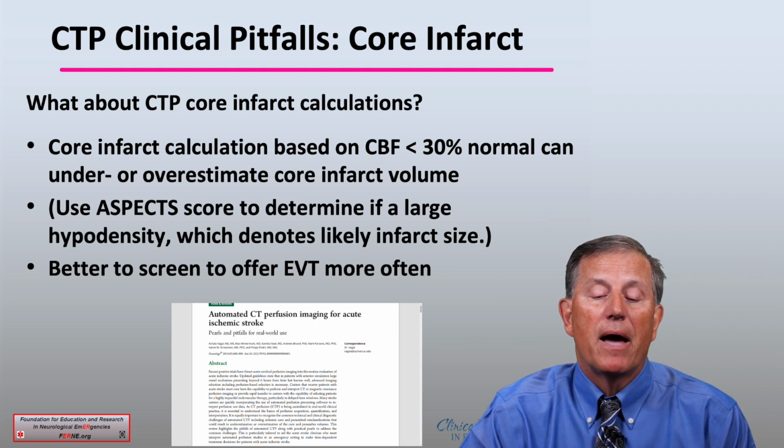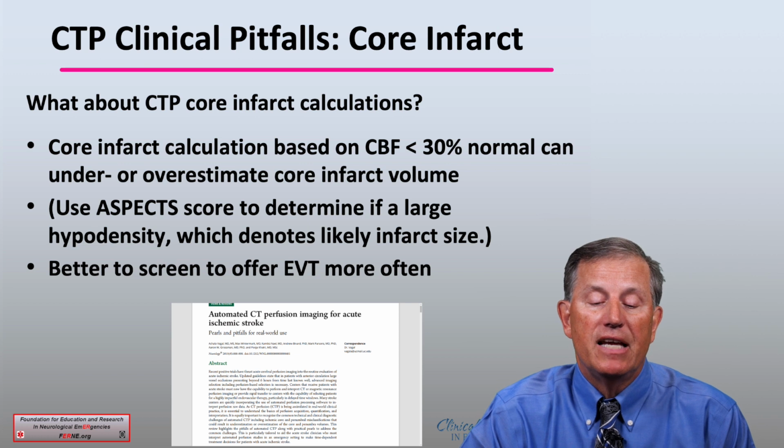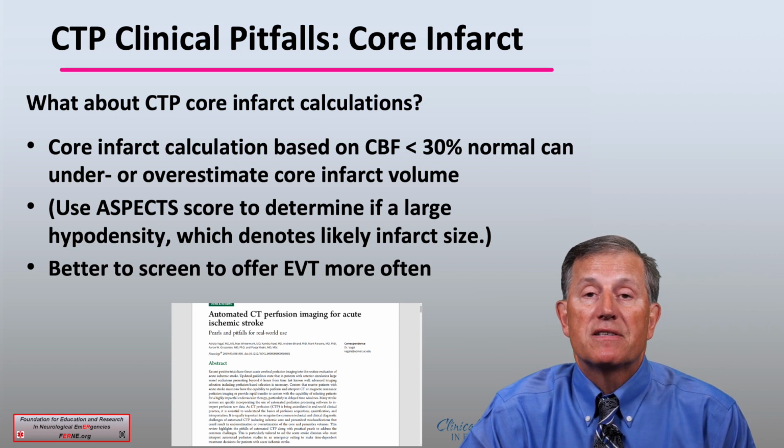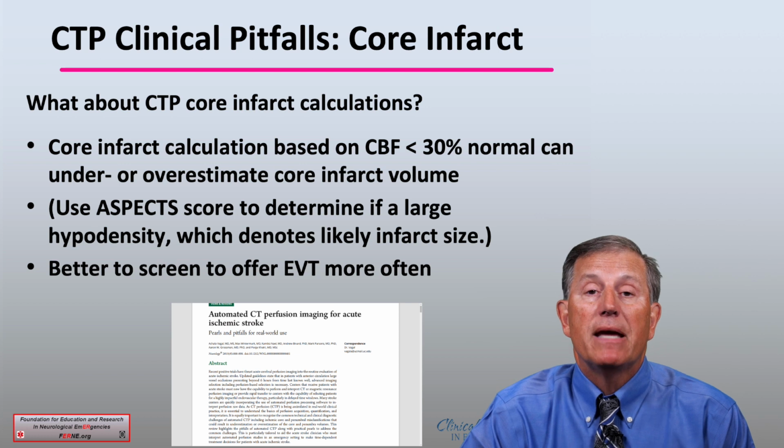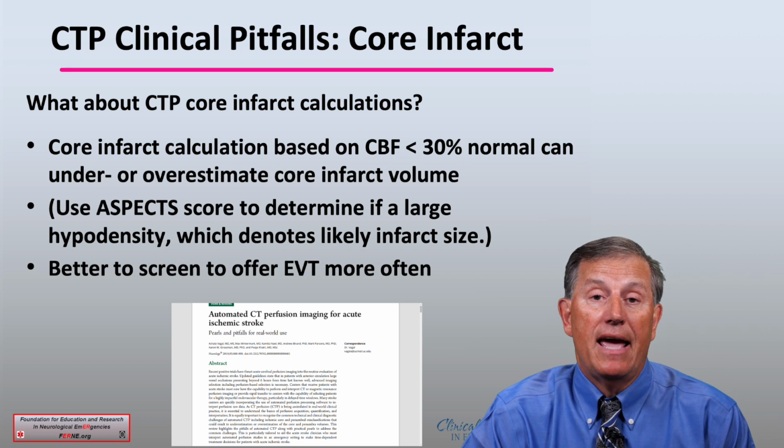So it's better to screen to offer EVT more often. In other words, if the CTP appears to be limiting the number of patients that are going for EVT therapy, it may be optimal simply to do anatomical vessel viewing with a CTA and an MRA as opposed to waiting and/or utilizing CTP, especially if your own AI software decreases the number of patients who apparently would benefit from EVT therapy because of the presence of a likely large ischemic penumbra.